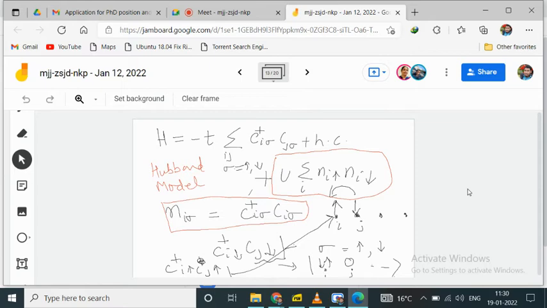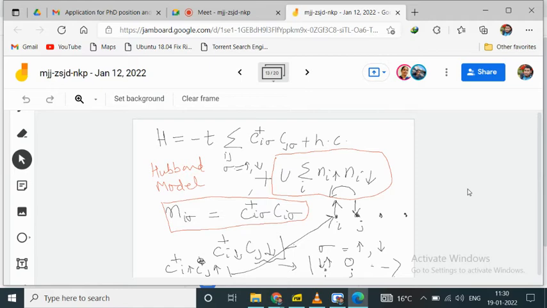Okay, let's look at the model and let me explain in a very simple fashion. You have this model, minus t c dagger i c j sigma. Forget about the word Fermi gas. This is a simple quantum Hamiltonian. How will you solve it? What does it mean to solve a Hamiltonian?